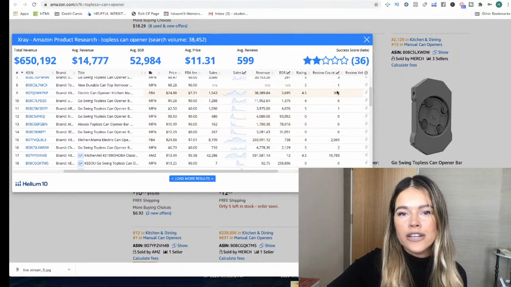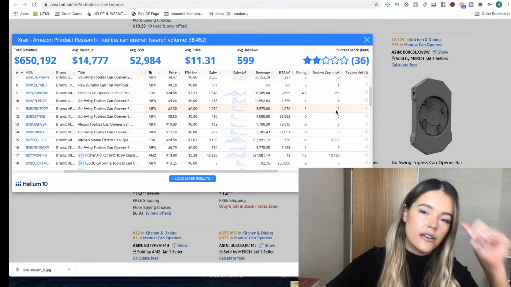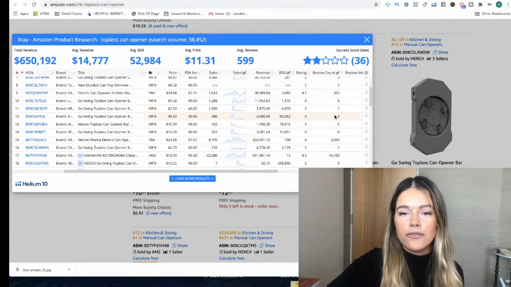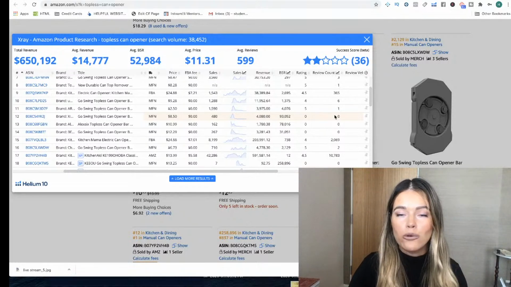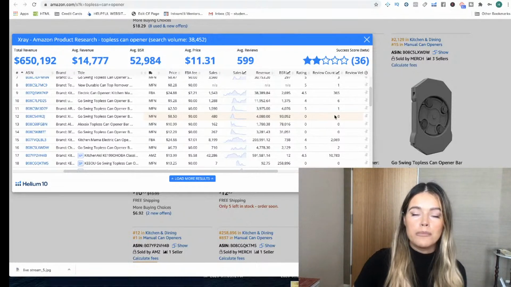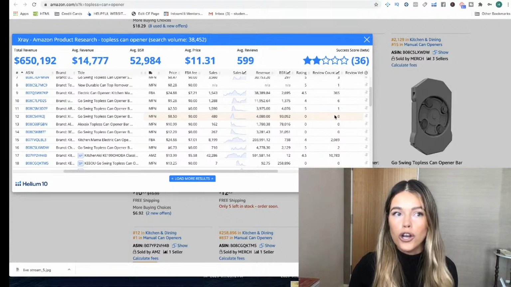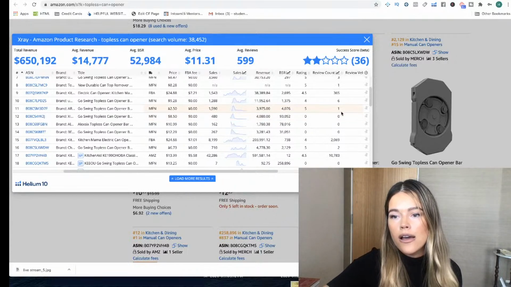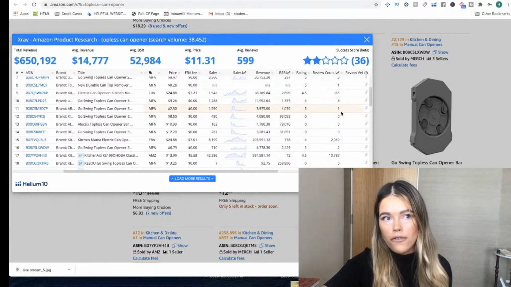Oftentimes when I see a review count that is this low, it's a little alarming to me just because it's either a market with a high turnover rate or it's being drop shipped. A turnover rate means people are launching the product and then other sellers are getting in, doing giveaways, and then booting everyone off of the first page.